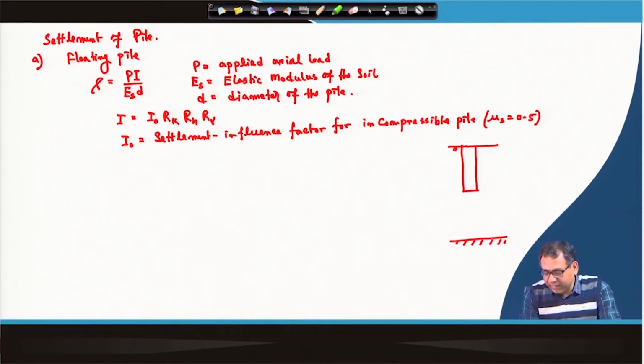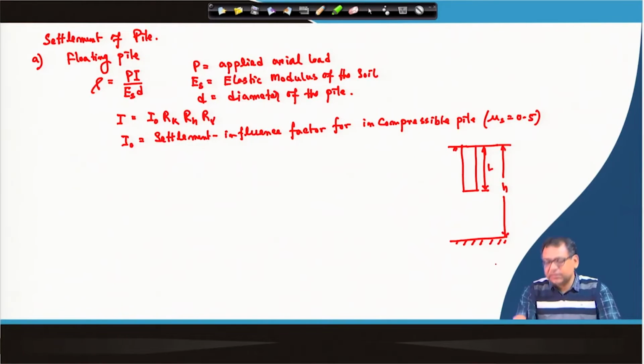It is a floating pile, but this is the L and this is, say, h, small h, which is the thickness of the layer. Then also you have to apply the correction factor, because this I is for infinite depth or thickness of the layer. If it is finite, then you have to apply the correction factor. So, these are the three correction factors: one is the compressibility of the pile, one is the Poisson ratio of the soil, and another is for the finite thickness of the layer.